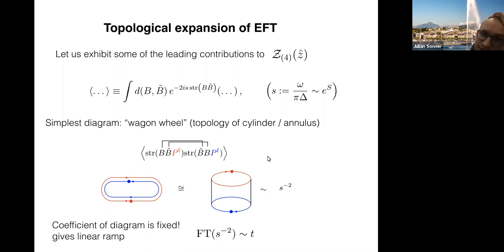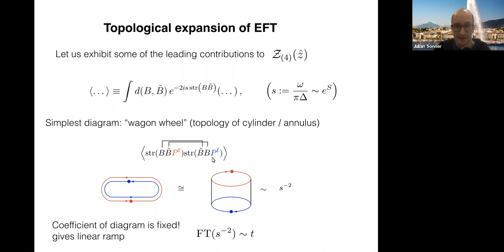So then the simplest diagram that you get for the 4-point function is basically a contraction between advanced and retarded sectors. Okay, so the spectral determinants themselves, if you expand them in the B fields, you get supertrace BB tilde times projector on fermionic degrees of freedom, and a supertrace B tilde B times a projector on fermionic degrees of freedom.